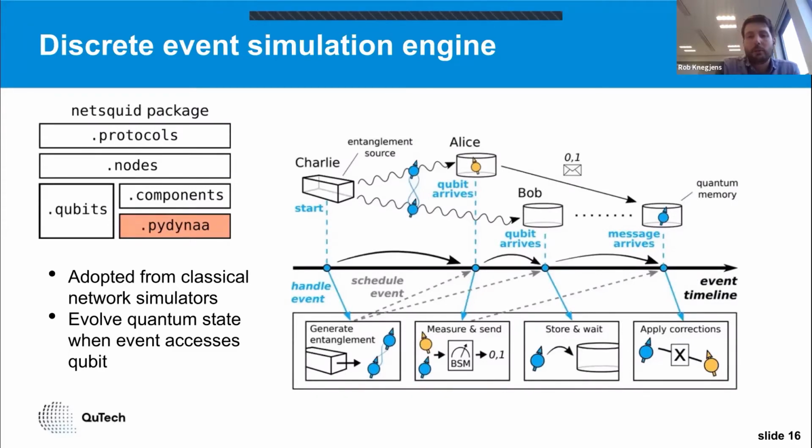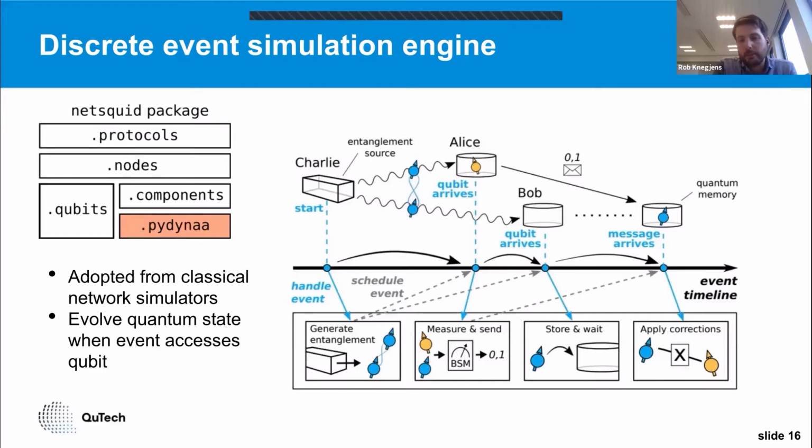And how that works in the quantum sense is that the qubits in the system are generally either traveling through channels or stored on nodes. And we don't evolve their quantum states until they're actually accessed by an event. So we do that retroactively. So a qubit sitting on a memory, the moment it's accessed by a specific entity, at that point do we see how much time has passed? When was the last time it was accessed? Oh, it's experienced this much noise, or maybe it's been lost.